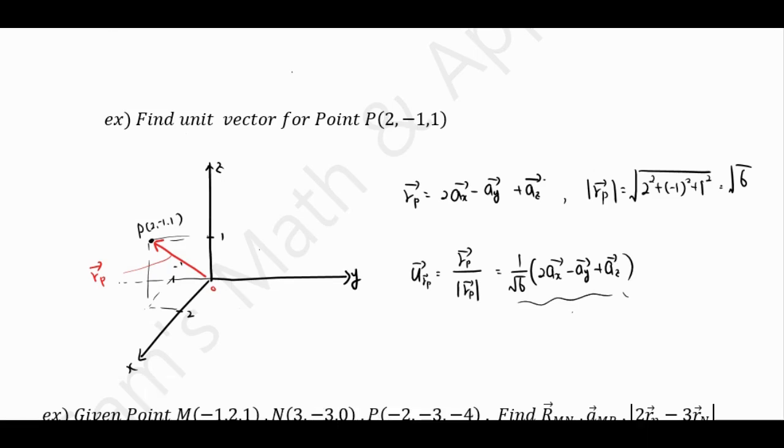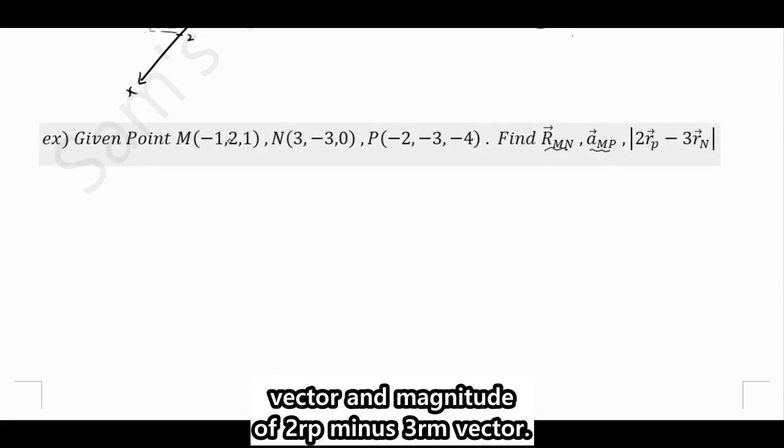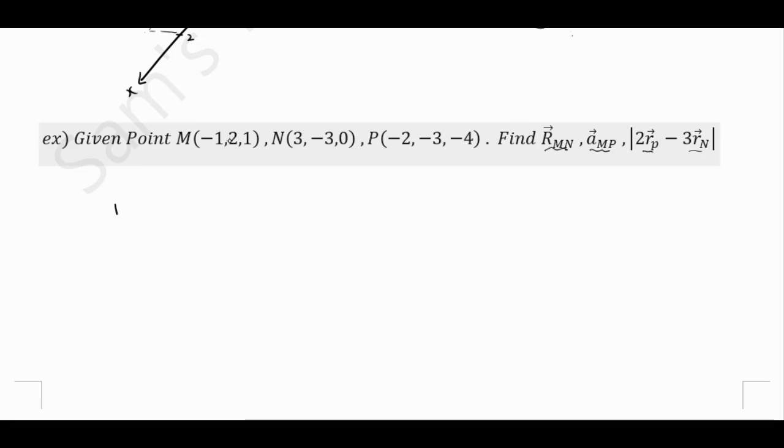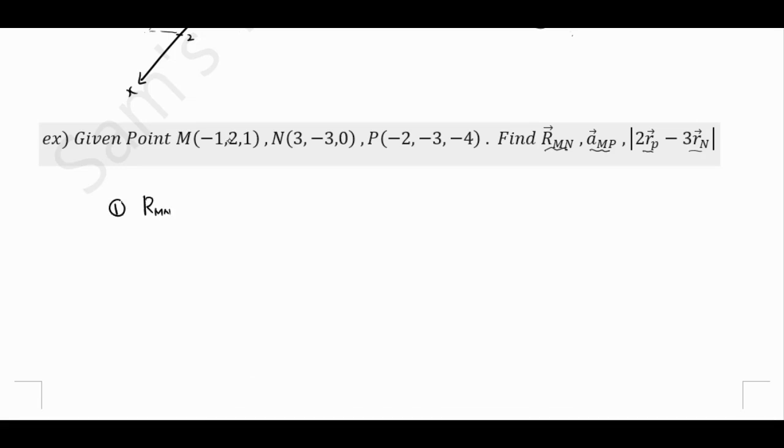This is the answer. The next example is to find the Rmn vector, the Amp vector, and the magnitude of 2Rp minus 3Rn vector. The first is to find the Rmn vector.